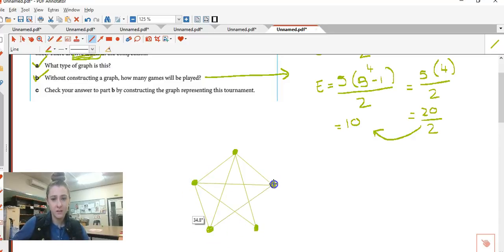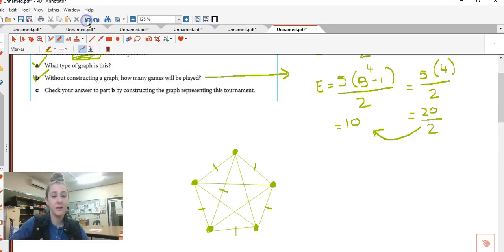So I'm just working through systematically, working my way around and connecting them all. So that's the complete graph. I'm going to go through and count my edges just to make sure that it does match up. So I've got 1, 2, 3, 4, 5, 6, 7, 8, 9, 10. I'm going to draw over them so you can see that more clearly, because I think the overlapping is a bit confusing.